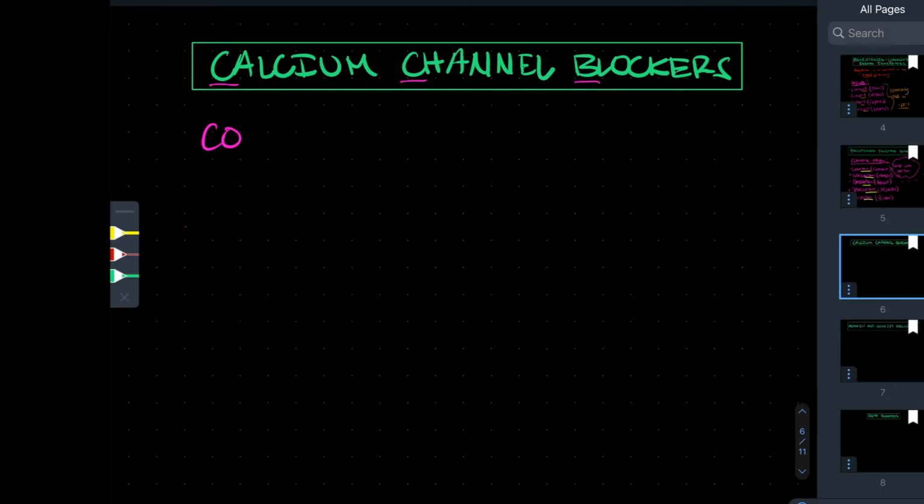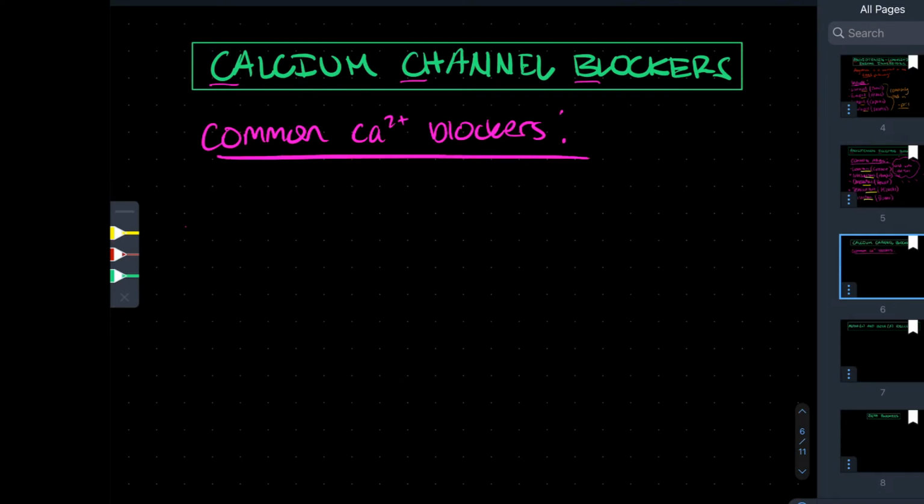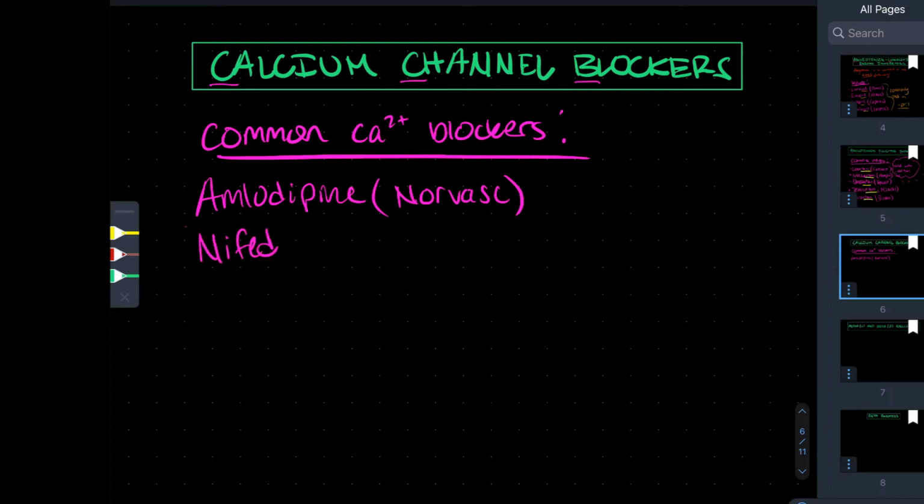So some common calcium channel blockers are going to be things like amlodipine, also called Norvasc. We have nifedipine, which is called Plendil.